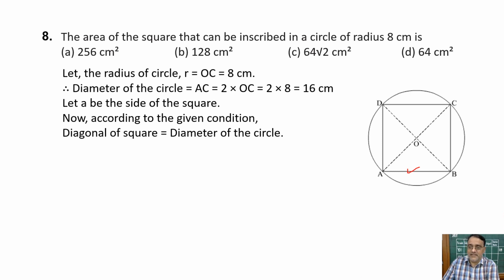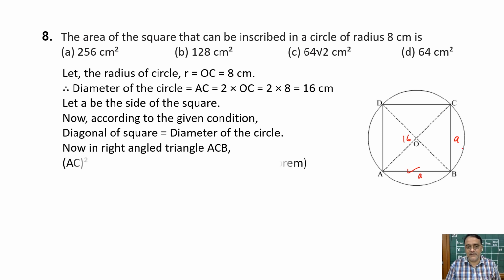Yes, sir. Right. Now see, AC is given as 16. AC is 16, and this is a, and this is also a. So you can directly use the diagonal formula a root 2. Otherwise, if you don't remember a root 2, you can use the Pythagoras theorem. By Pythagoras theorem, AC square is equal to AB square plus BC square.